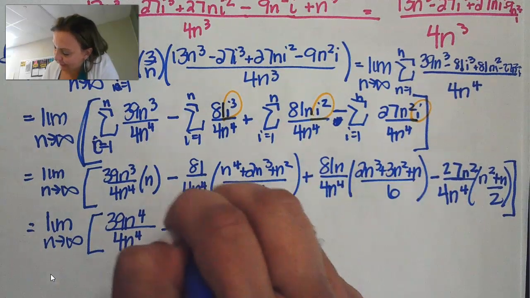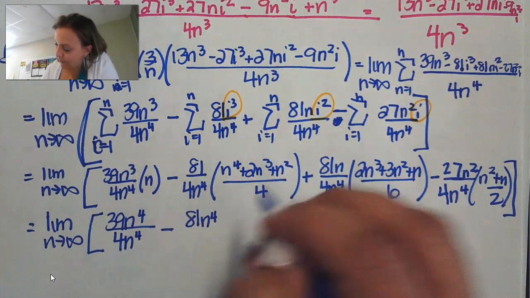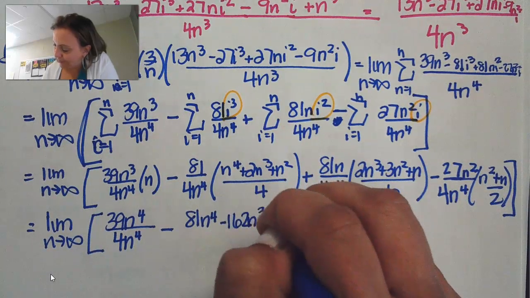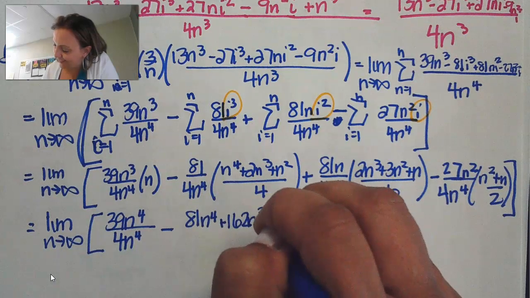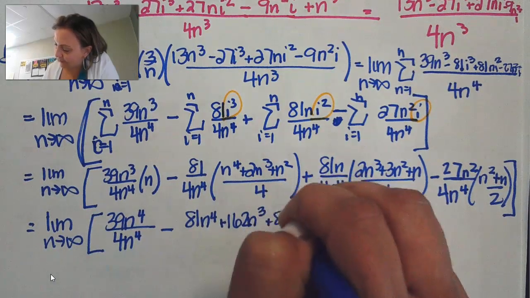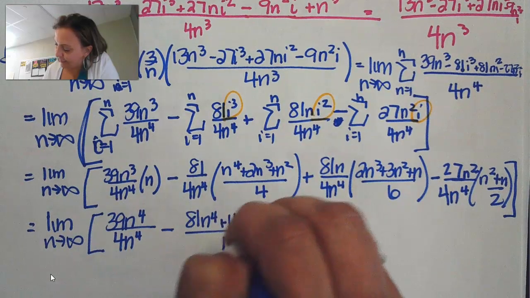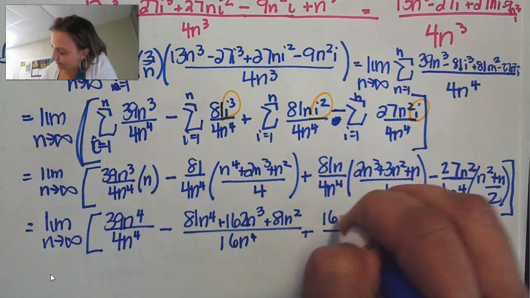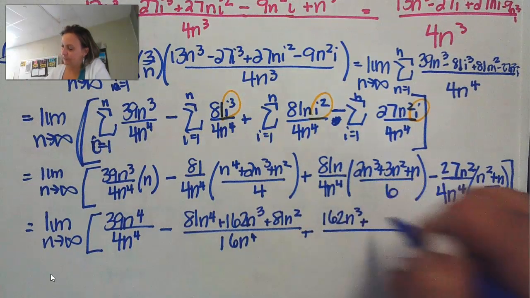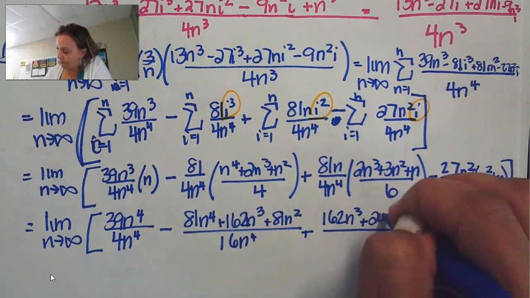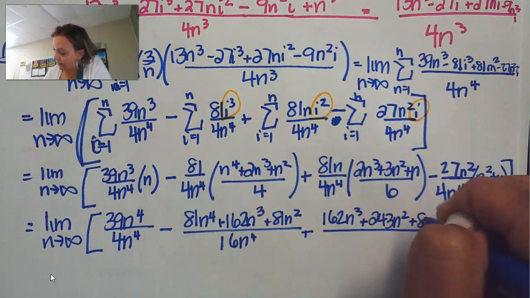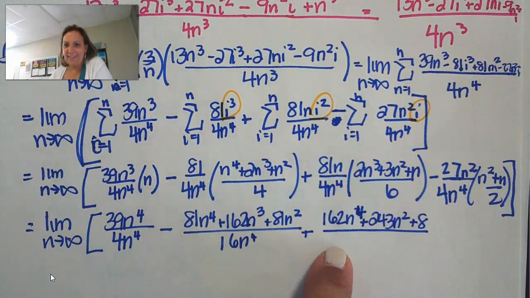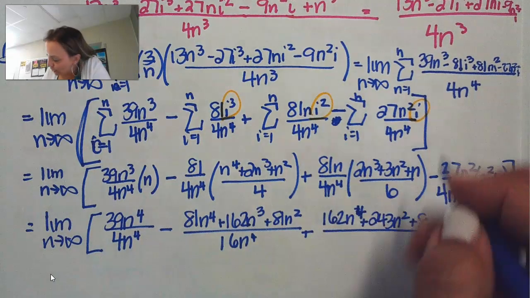This ends up being 81n to the fourth minus 162n cubed, oh, I should say plus 81n squared, since we're not combining like terms, over 16n to the fourth, plus 162n cubed plus 243n squared, just kidding, this is n to the fourth. n times n cubed is n to the fourth. n times n squared is n cubed.